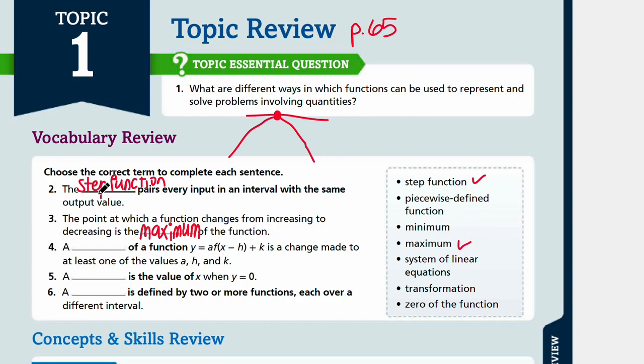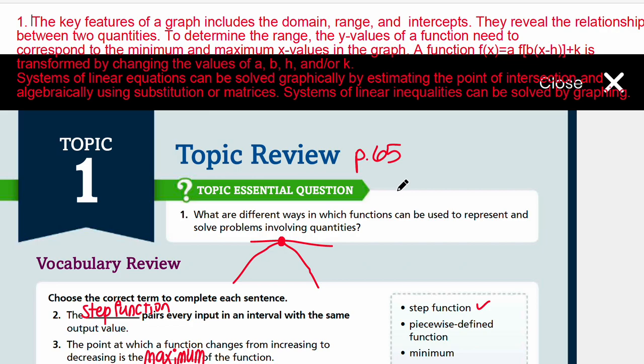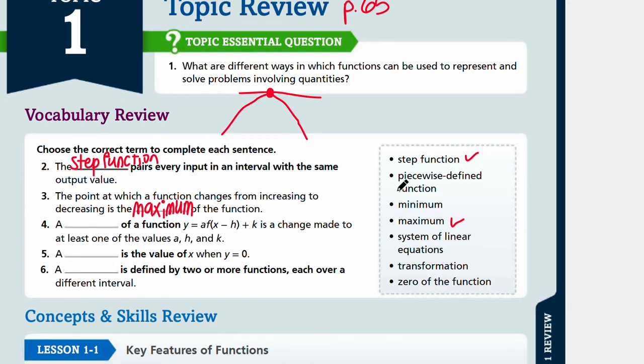Okay, so we have step function, maximum used. Number 4, a blank of a function y equals a times f of x minus h plus k is a change made to at least one of the values a, h, and k. So we just talked about it in number 1. So this function is a general form to describe all the different transformations, right?